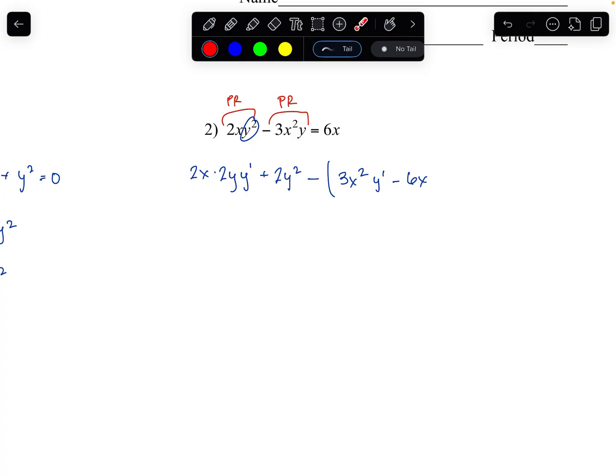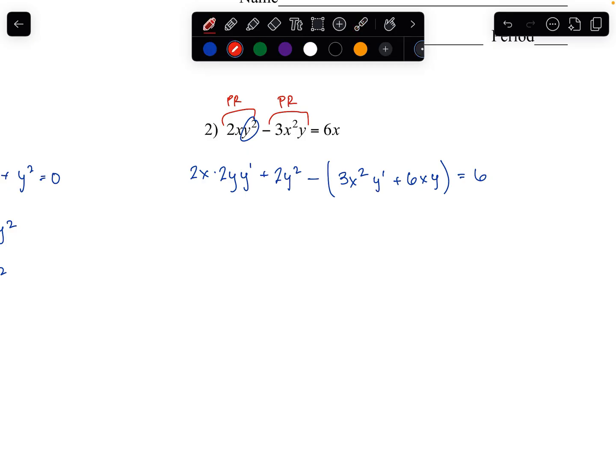Hold up though, that would be incorrect because I have the negative here and parentheses, so I actually have to exclude that when I'm taking the derivative. So it would be plus 6x. So we did the first times the derivative of the second plus the derivative of that times the second, so times y, equal to 6. Okay.